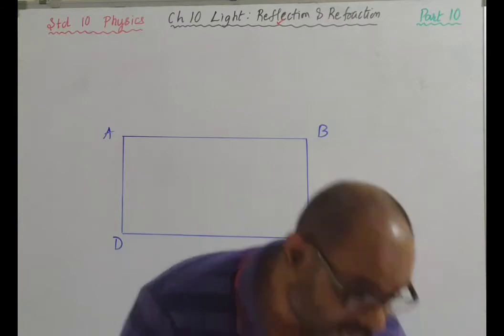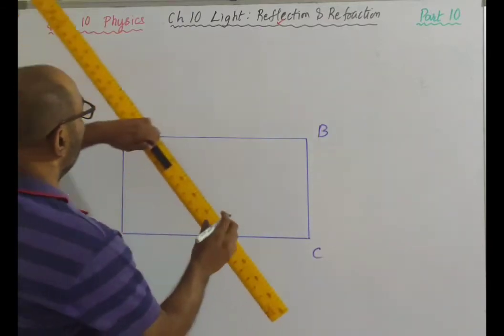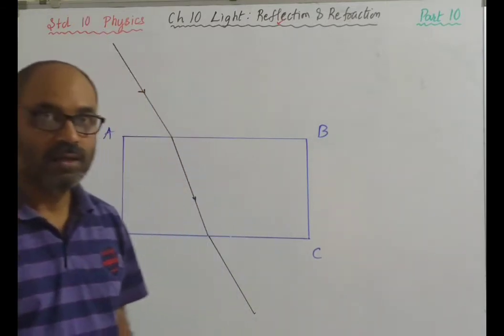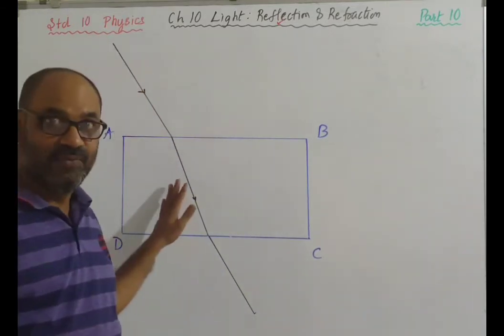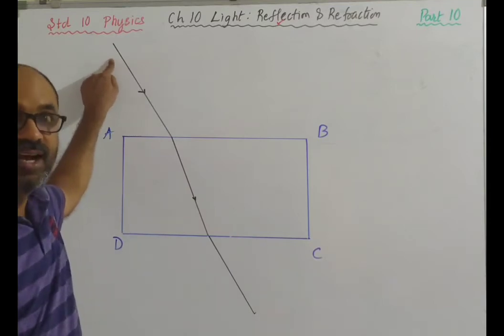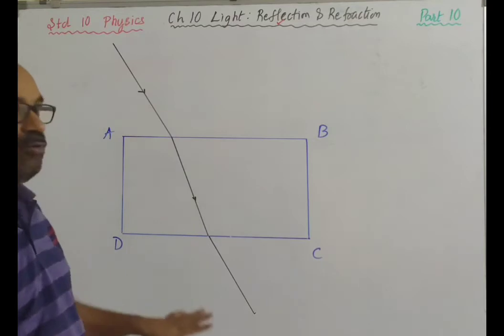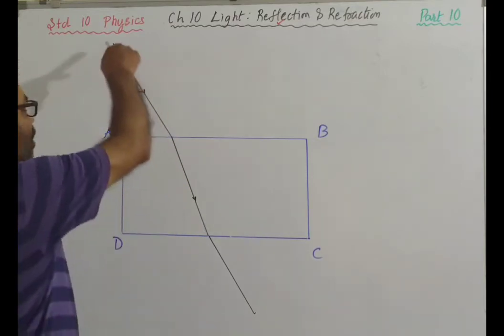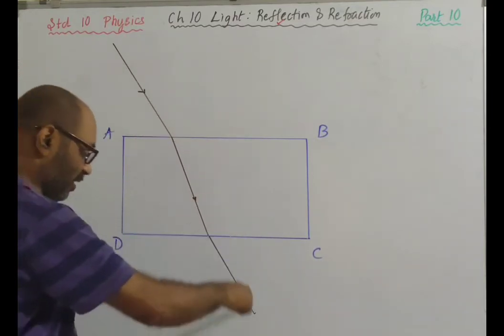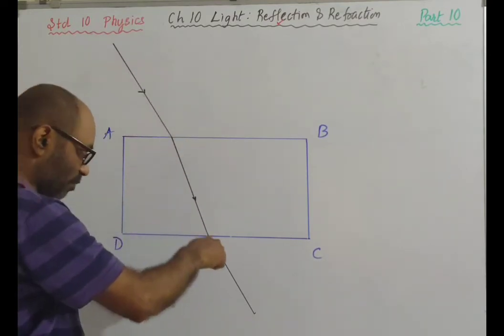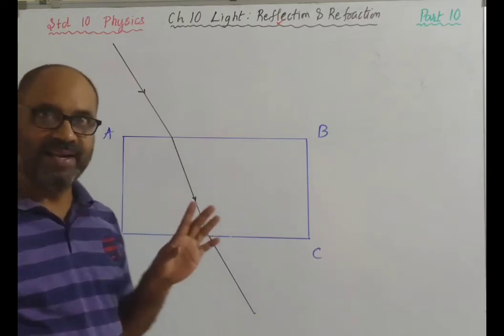Children, जो रे आने वाली है वो ऐसे सीधी नहीं जाएगी. When you take the aerial view after switching on the laser torch, all right, you will be able to see this. आप वो ray of light रेड कलर की सीधी जाती नहीं देखेंगे. It bends here and then it bends here, and this is how the bending will occur.